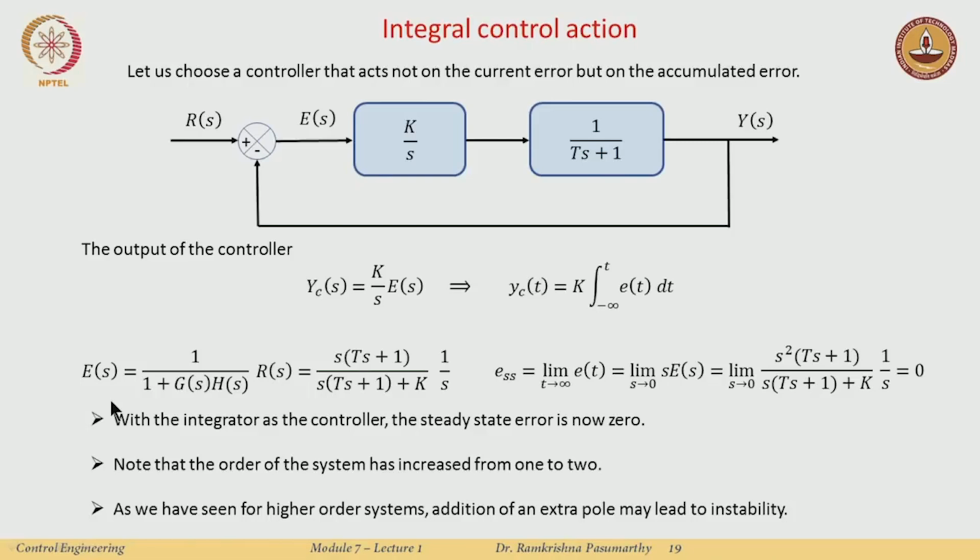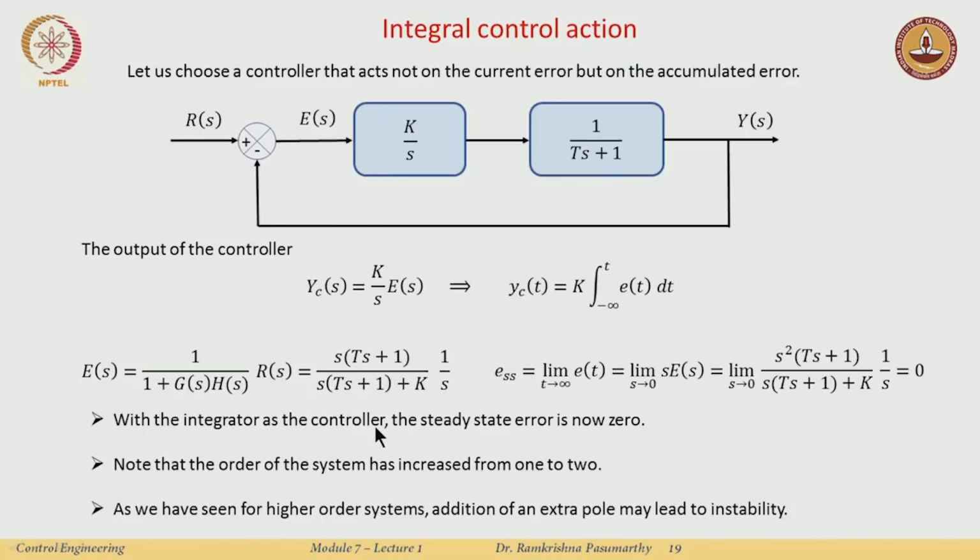Now, what is the error? Something nice happened here. If I go through all these computations, the steady state error becomes 0. We can also see this from the error constant analysis: for a type 1 system tracking a step, the steady state error is always 0.